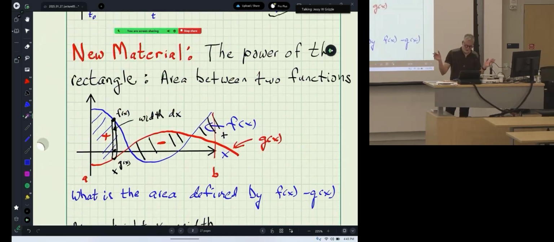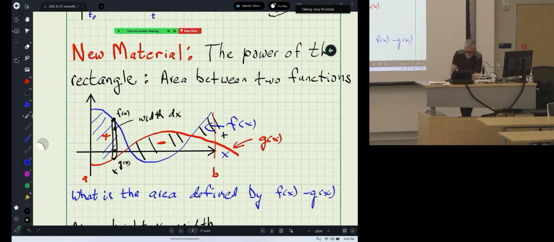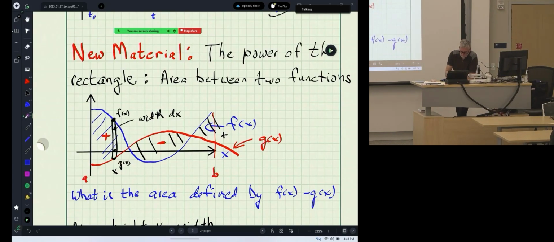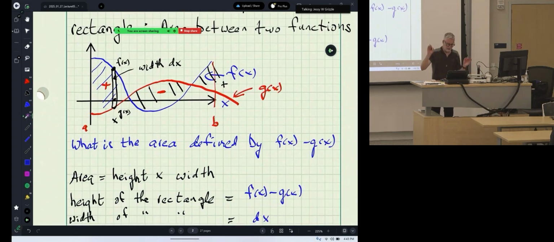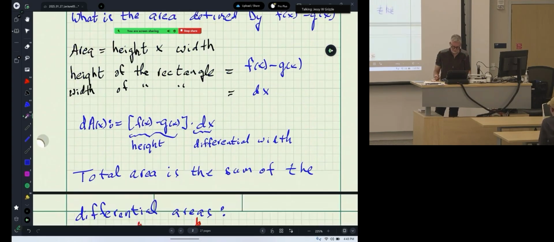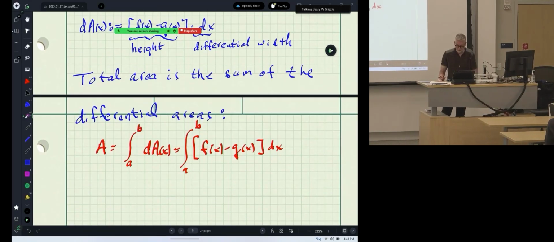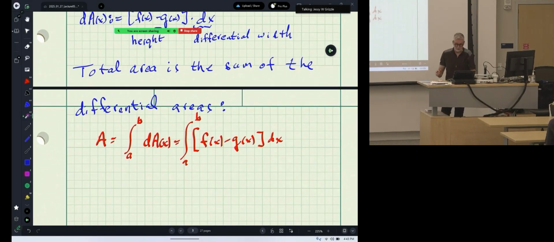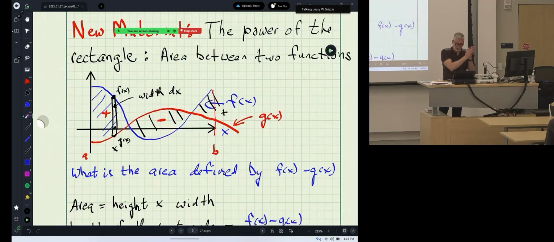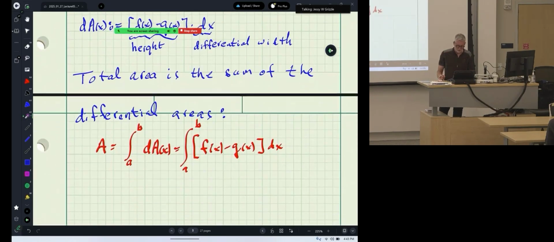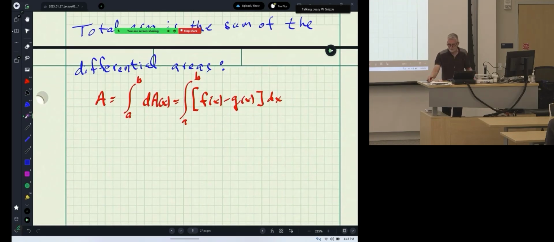And in the book, there's some nice pictures of different choices of f and g, and then actually plotting on the side f minus g and trying to look at, are those areas the same? Maybe that helps you, maybe it doesn't, but I think the better thing is to understand the power of the rectangle. So once you understand integration is summing up of differential areas, we get this.